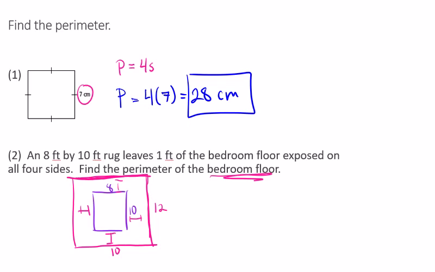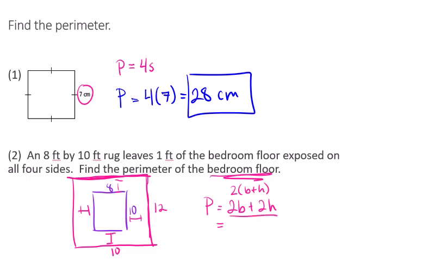All right, so the perimeter is going to be those two added together and doubled. I can either use this formula, 2 base plus 2 height, or I can do 2 times base plus height. Either way works.